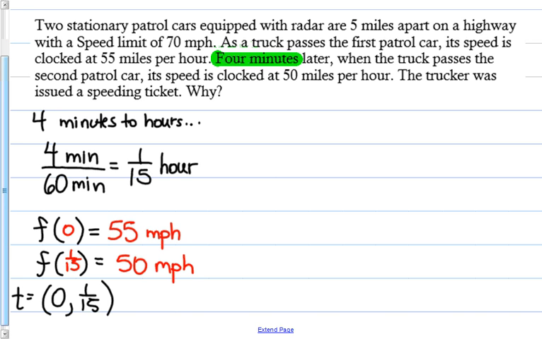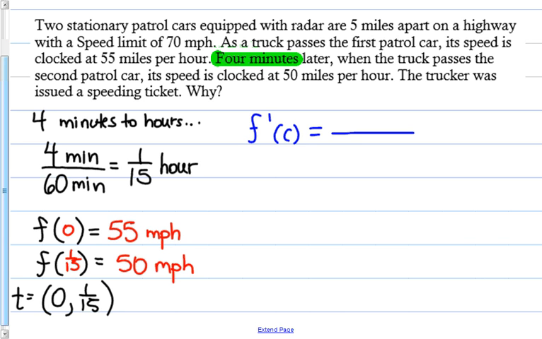Okay, so basically what we're doing here is we're looking for the average speed of this truck. Because whatever the average was, according to the mean value theorem, I'm guaranteed to have been able to go that fast at least at another instant.